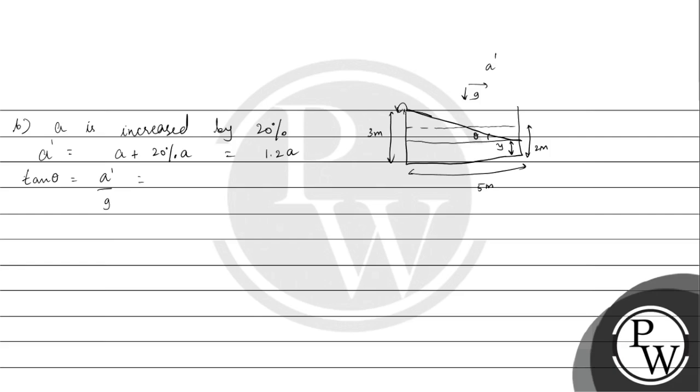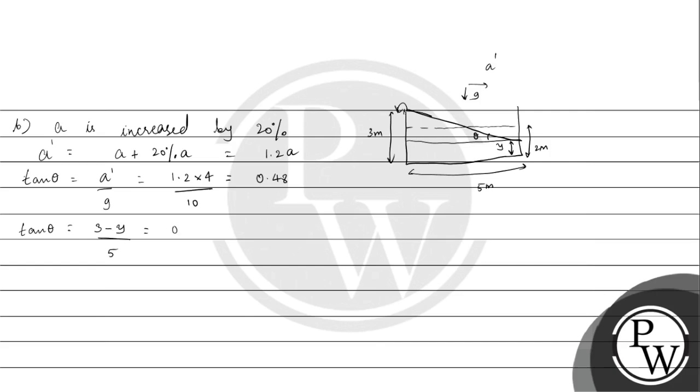Okay, so tan theta is, we know from mechanics, this is A prime by G, जिसका value है which is 1.2 into 4 divided by 10 और इसका वैल्यू निकलता है 0.48. तो डायग्राम से हम देख सकते हैं कि tan theta, to determine how much fraction, how much height of the water has got spilled, so this will be 3 minus y divided by 5.